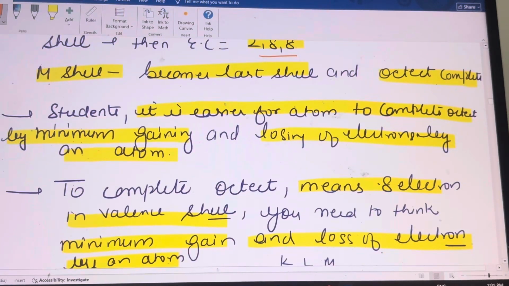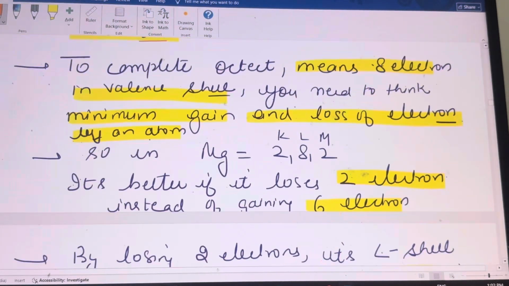But students, here we need to think. It is easier for an atom to complete its octet by minimum gaining or losing of electrons. So to complete the octet, meaning 8 electrons in the valence shell, you always need to think of minimum gain and loss of electrons by an atom.